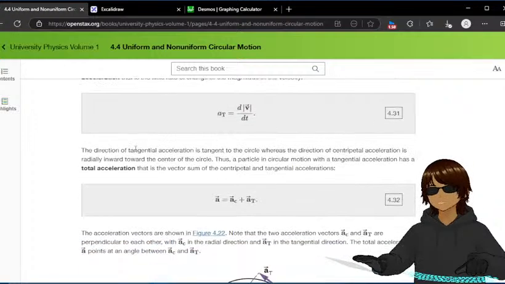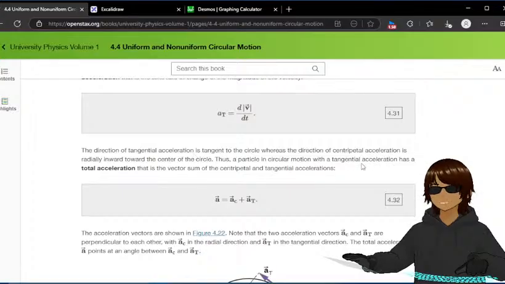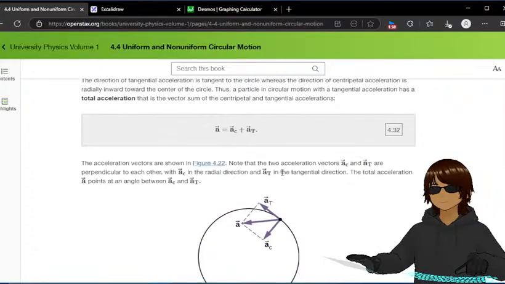The direction of the tangential acceleration is tangent to the circle, whereas the direction of the centripetal acceleration is radially inwards towards the center of the circle. Thus, a particle in circular motion with a tangential acceleration has a total acceleration that is the vector sum of the centripetal and tangential accelerations.